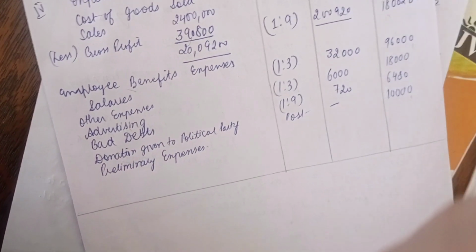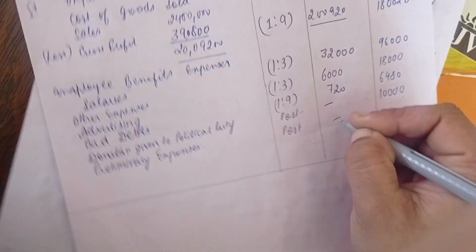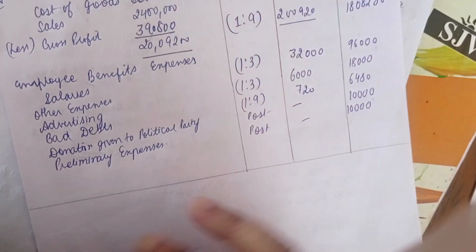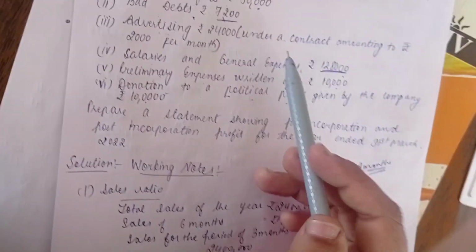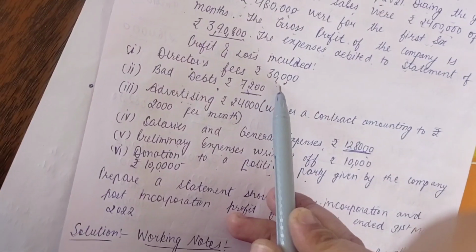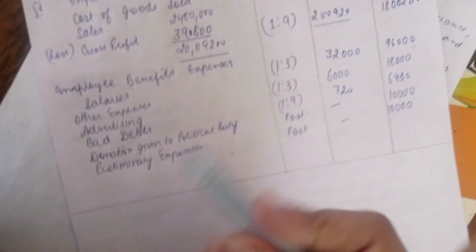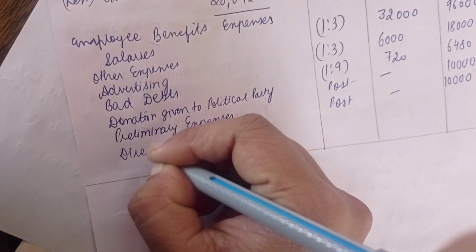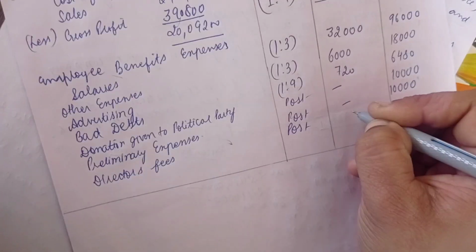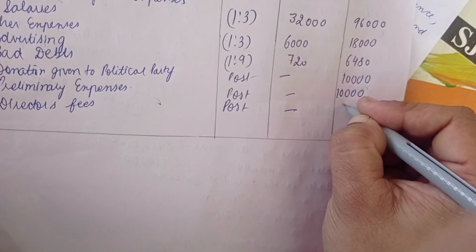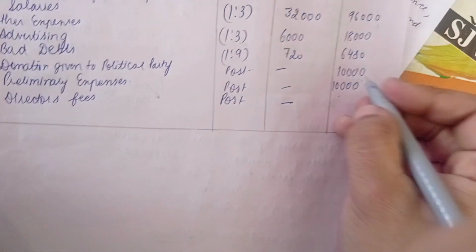Preliminary expenses are 10,000 rupees. Right. Now the last one is director fees. Director fees also belong to the post-incorporation period. Amount is 30,000.